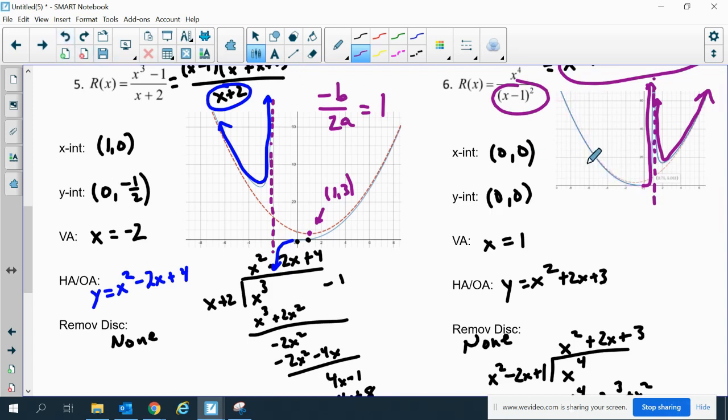It's just hard to draw on the smartboard. So it'll look something like this as I go up toward negative infinity for x. But how do I know that it never goes down? Well, if I look at these numbers, the numerator always has to be positive and the denominator always has to be positive or zero. So because that's the case, I can never have any numbers that are negative anyway.